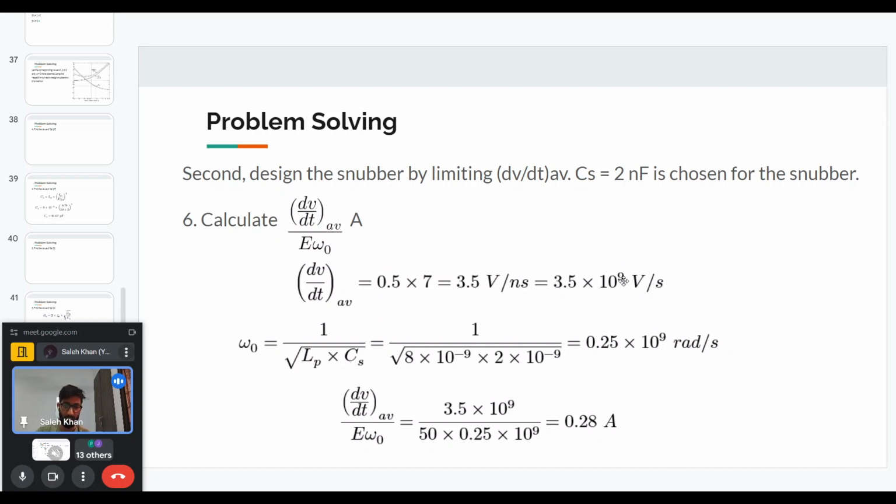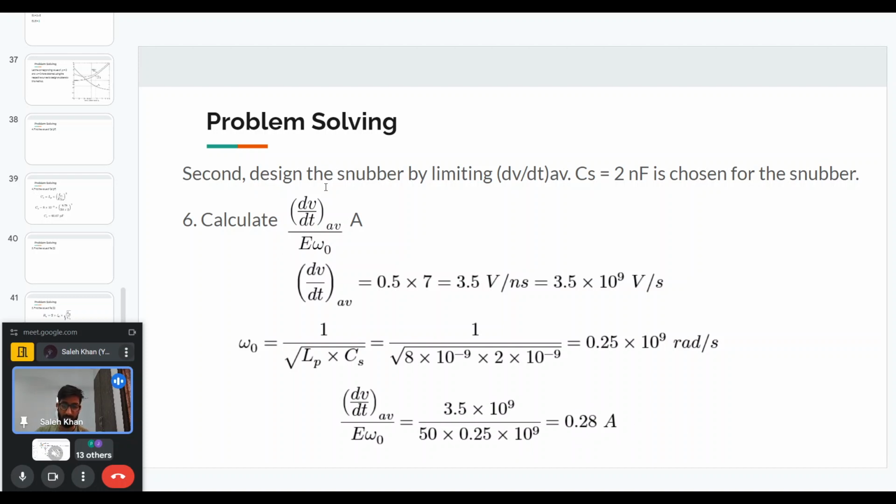And again, you can be careful and see what the value is in SI units. Then omega 0 is basically 1 by square root of LP times CS, and CS is already given. So then we get this value, and we can find the expression for dVdt average divided by E omega naught, which comes across in this case as 0.28 amperes.